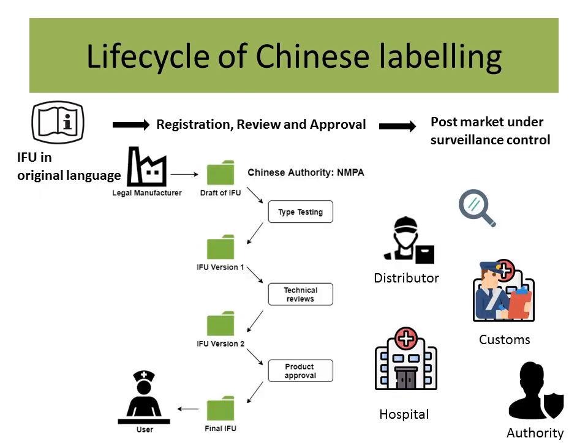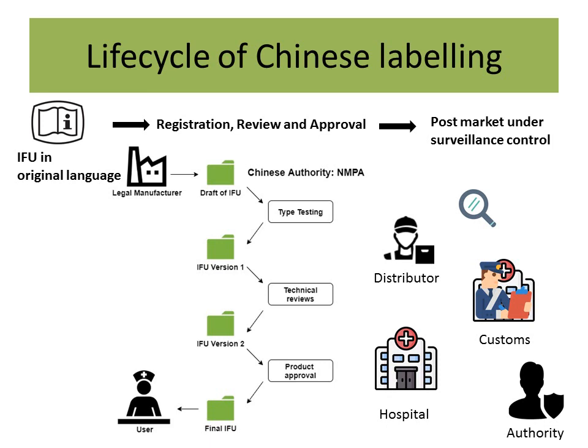The life cycle of Chinese labeling, especially IFU, starts actually already as original IFU in home country is drafted. It was officially introduced as translated into Chinese. During the local testing, preparation of dossier and later at review by authority, there are unpredictable time points when you have to handle the new contents in Chinese IFU.